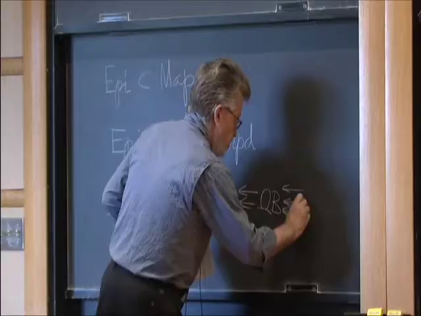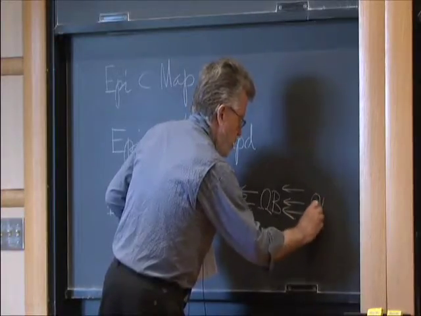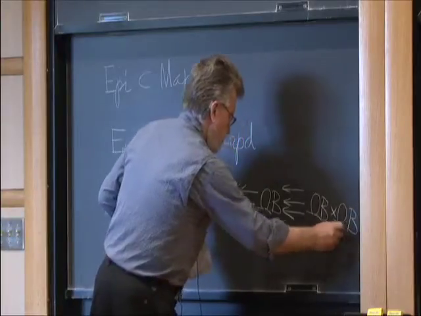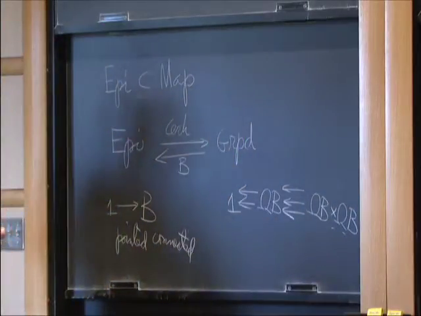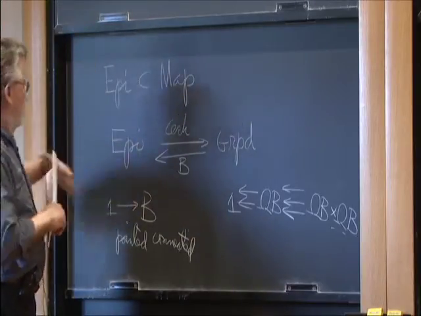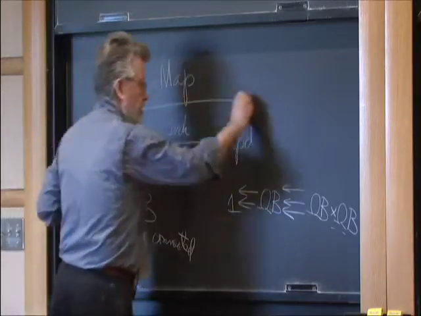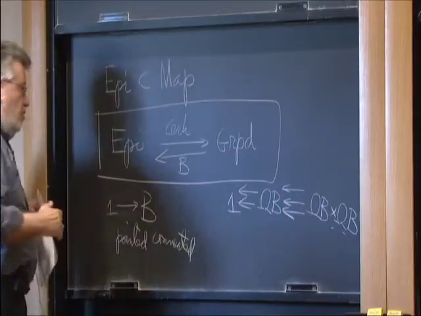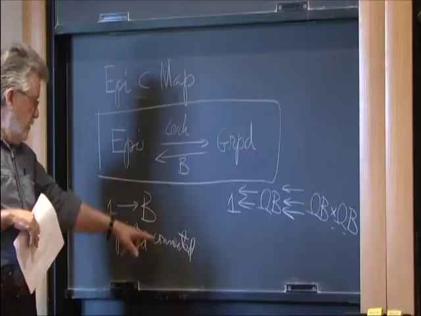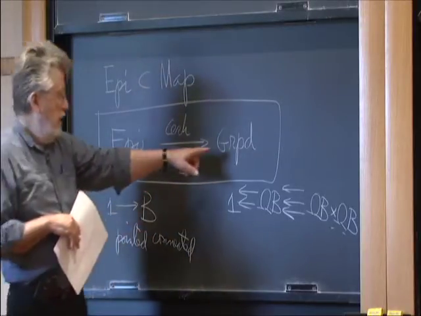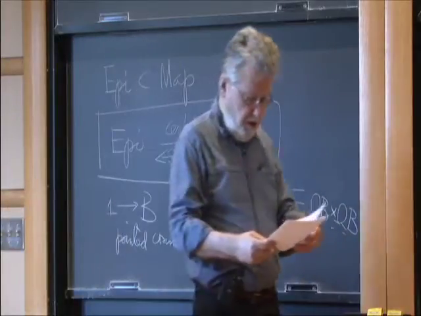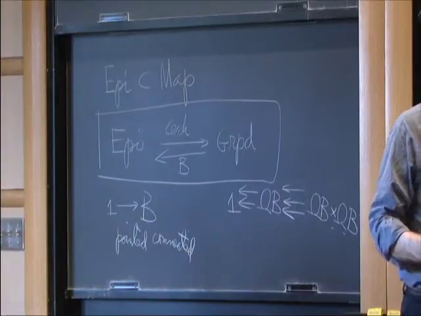The loop space becomes a group. It has a group structure. And so this equivalence specializes to the case of an equivalence between pointed connected spaces and groups, which of course is a classical equivalence.